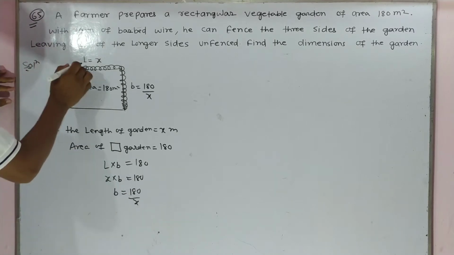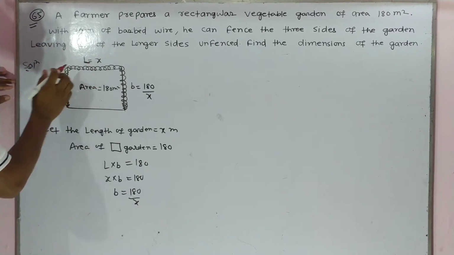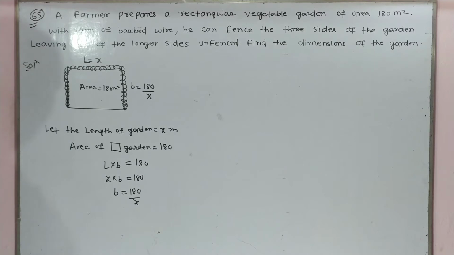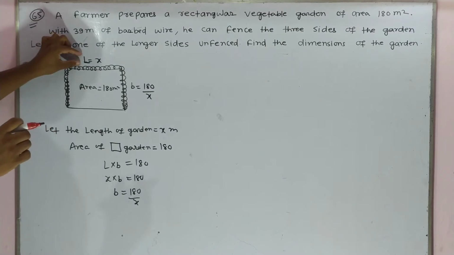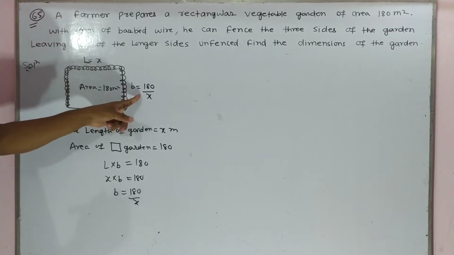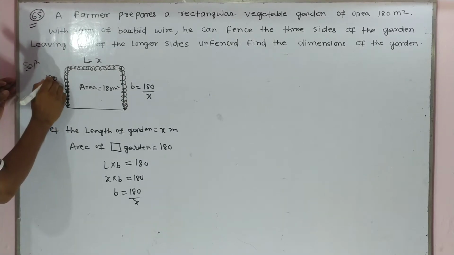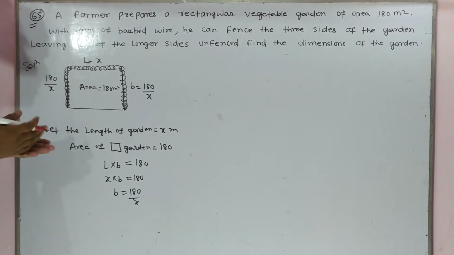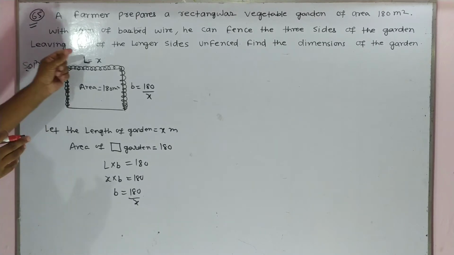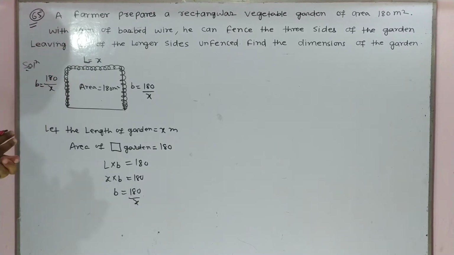I hope you are able to follow me. So the length is x, and each of the two breadths is 180 upon x, so the sides are 180 upon x, 180 upon x and x.